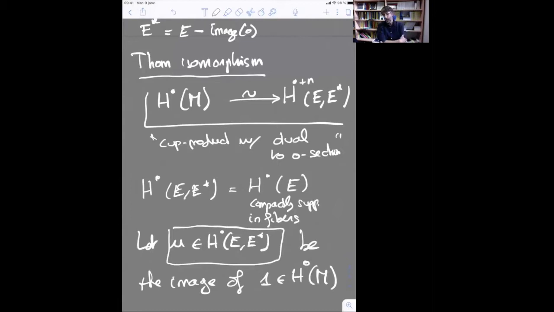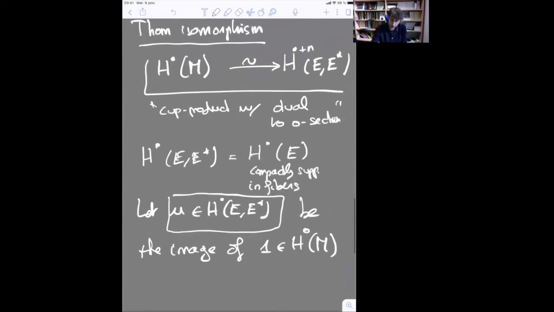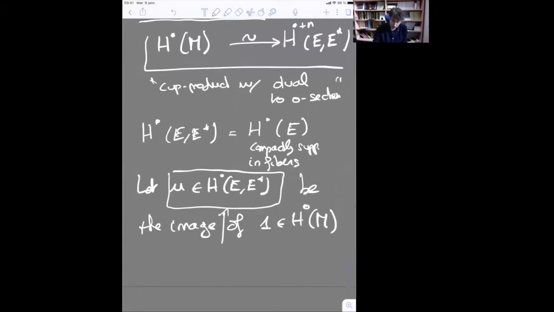So 1, the generator of H0 of M. And this is called the Thom class. And this will be the basic class that we will consider.